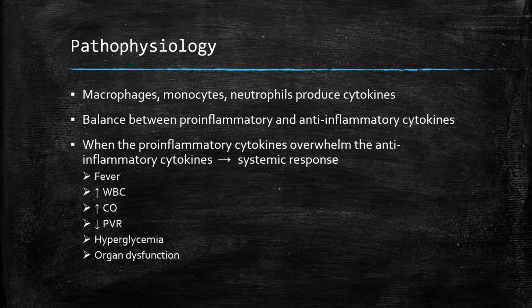This is a very different picture than we would see in someone with hypovolemic shock or cardiogenic shock. In those cases, the cardiac output would be low and the peripheral vascular resistance would be very high. Most septic patients are hyperglycemic, and most have some degree of organ dysfunction as well.